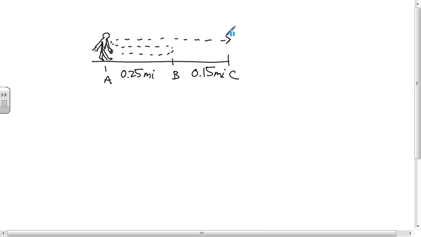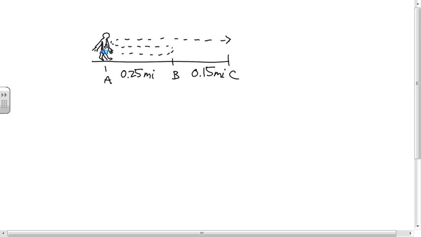So this motion happens whether you're there to take data or not, right? Whether you're there to observe this guy going about his business. So before we can put numbers to this, we have to choose three things: a zero position, a positive direction, and an instant to turn on the stopwatch, a zero time.